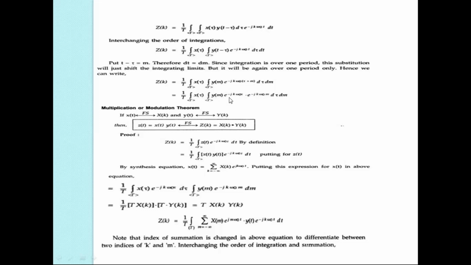So the integral of y of m e power minus jk omega naught m dm is y of k, and 1 by T, the integral of x of tau e power minus jk omega naught tau d tau is x of k. Actually we have only one 1 by T here, my students.